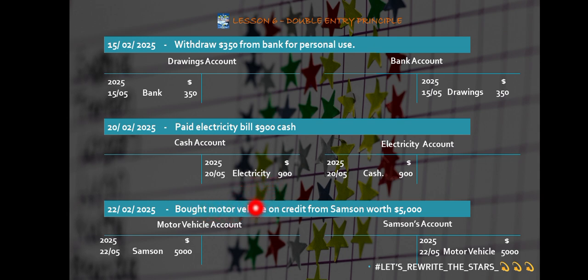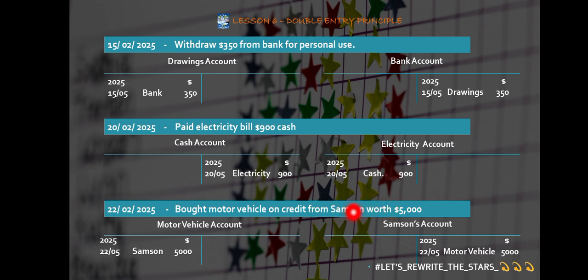That is motor vehicle. So motor vehicle account is created. Now here we bought it but we didn't pay. So we bought on credit. So we have to indicate where we bought from, so that when we get the money, we can go and pay to the person we bought from. And so here it's indicated that we bought from Samsung.